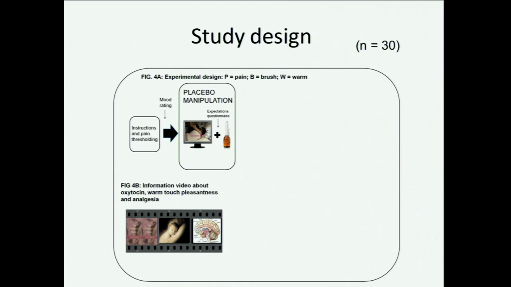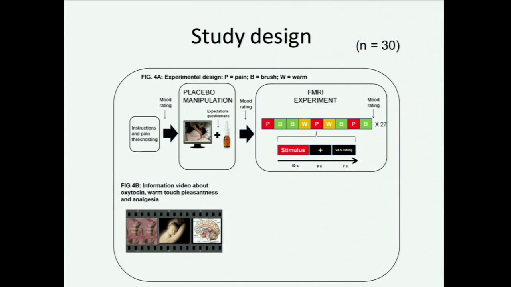We showed the participants a video film summarizing all the scientific evidence for oxytocin having a positive effect on touch as well as on pain. All subjects watched this video, and they were told they were given a nasal spray likely to contain oxytocin.